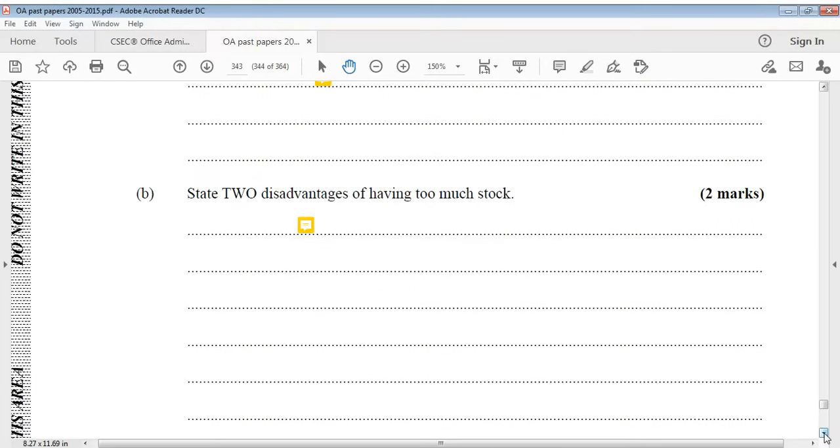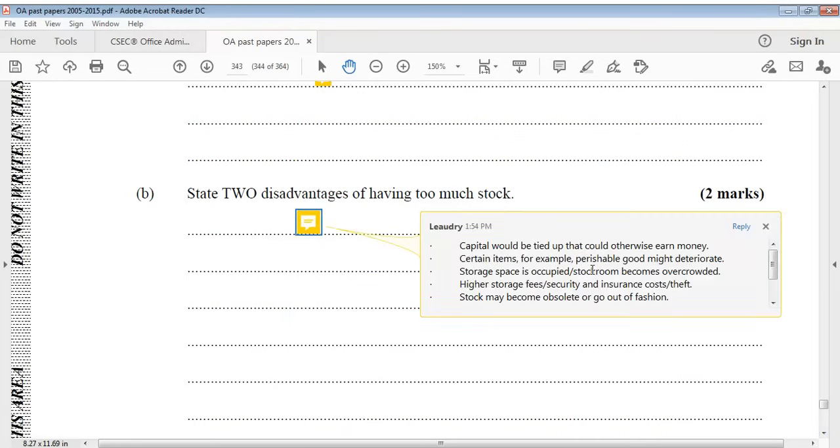Okay, let's move on to question number 5B. State 2 disadvantages of having too much stock. What are some disadvantages of having too much stock? Let's look at some of them. 1. Capital would be tied up that could otherwise earn money. 2.